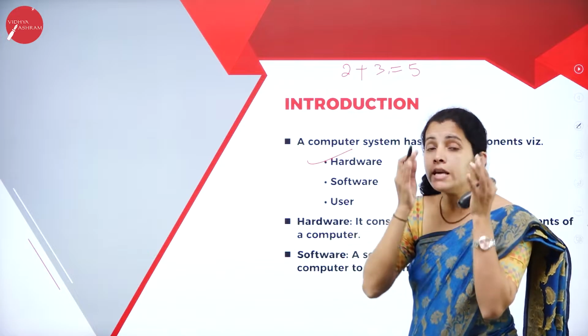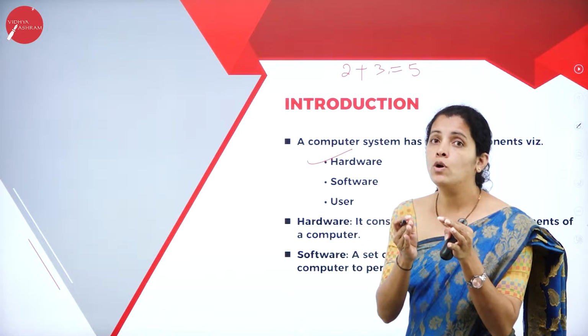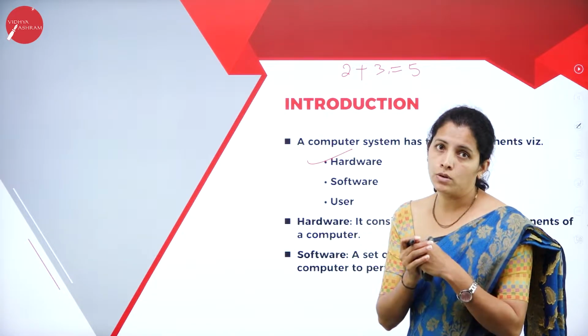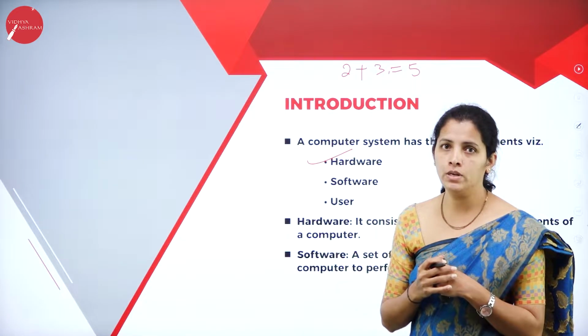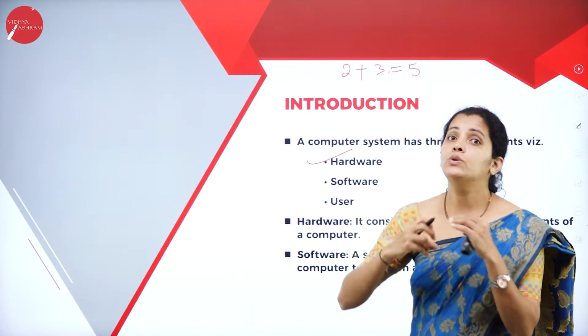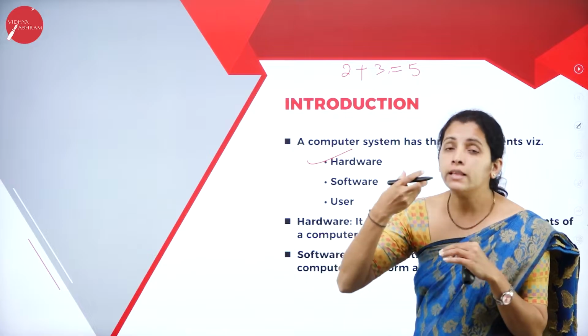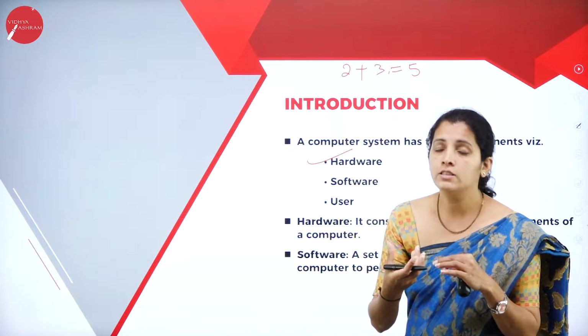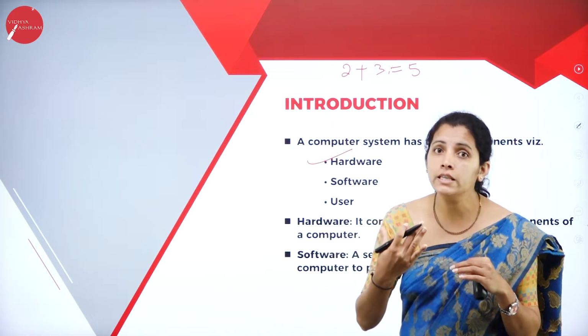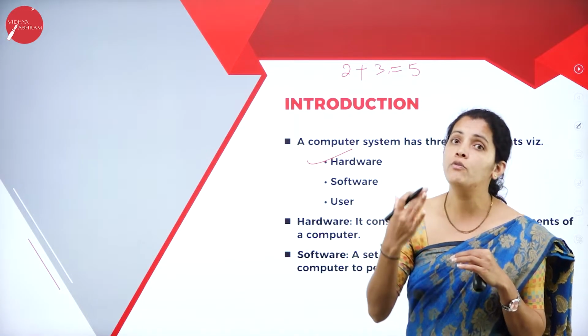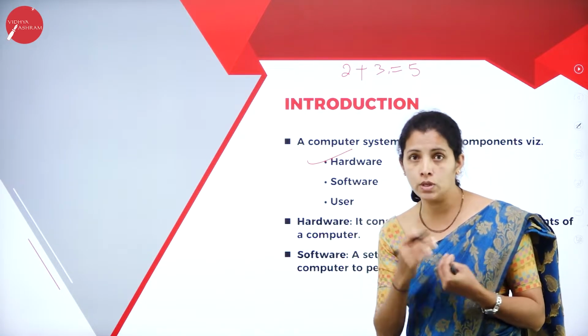Now, the same operation I want to carry out with the help of a computer. For that, I need to write a program, which is nothing but instructions. That means I instruct the computer system to perform the addition of 2 numbers.